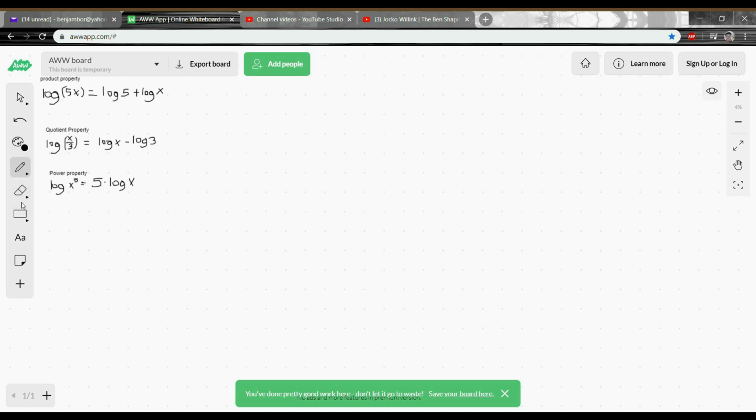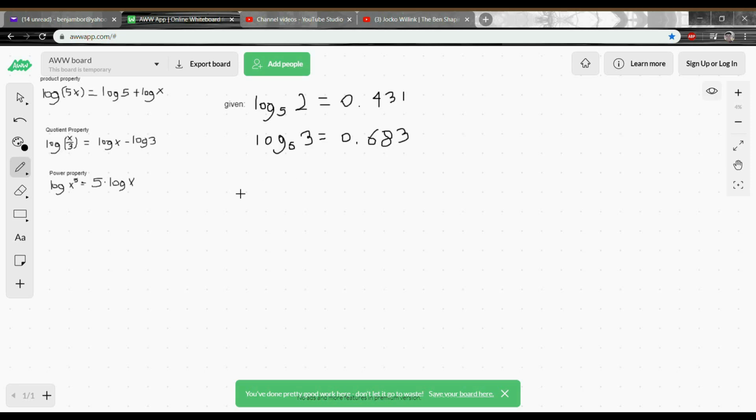Let's say that we are given that the value of, now this is going to be hard to type, so I'm going to have to write it, that the value of log base 5 of 2 was 0.431, and that the value of log base 5 of 3, that's supposed to be a 5, was equal to 0.683.